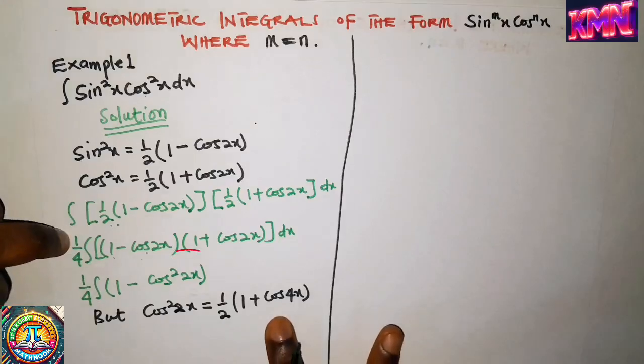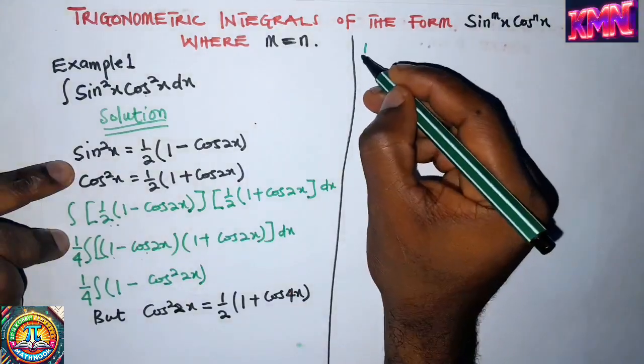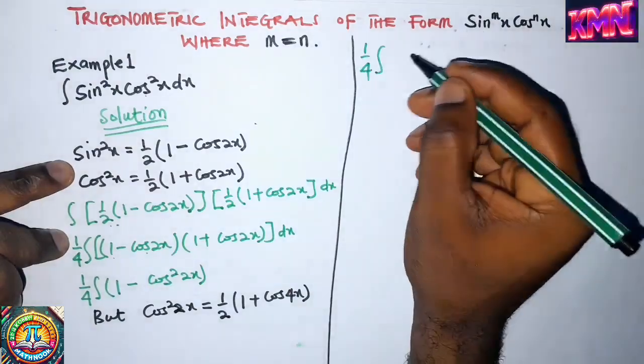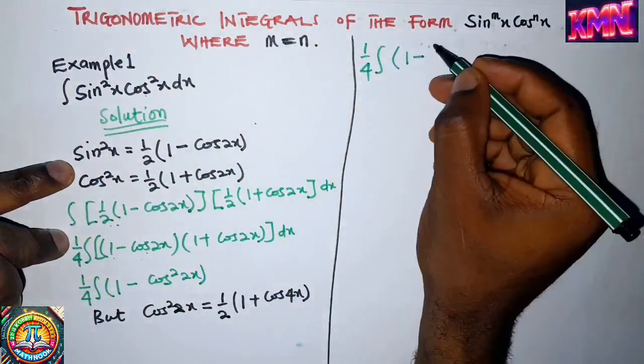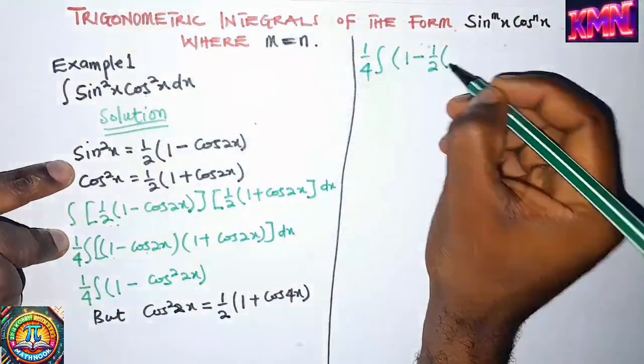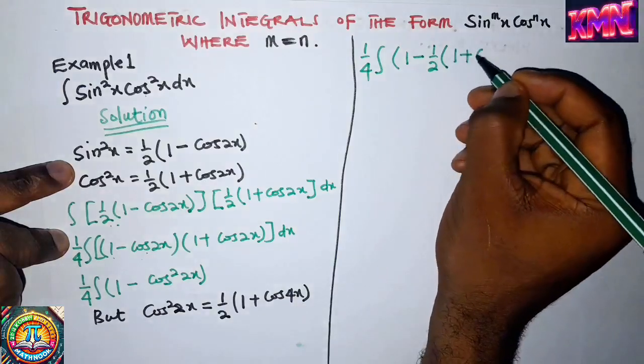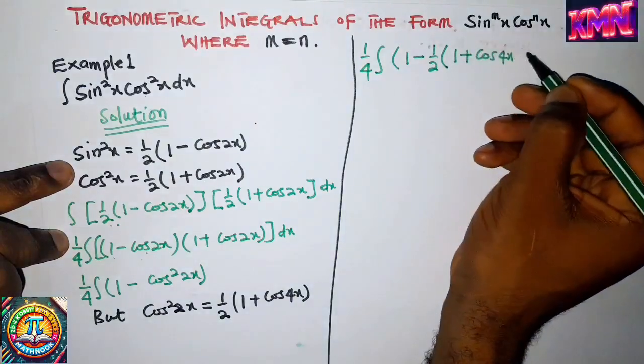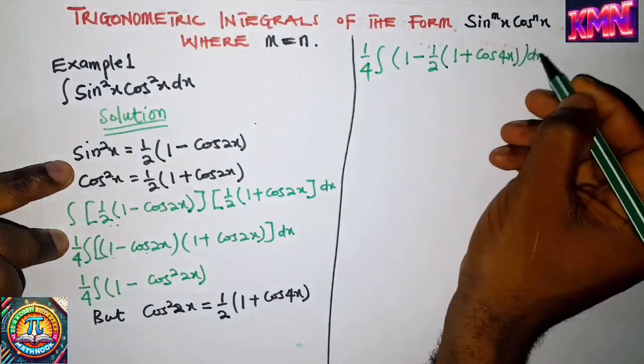Replacing this over here, we have 1/4 integral of bracket 1 minus half times 1 plus cosine 4x dx.